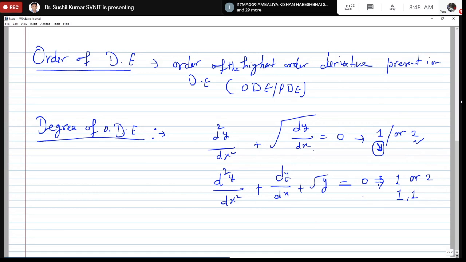Meghna, what is the answer for the second equation? Sir, 1 only, sir. Why is it 1 only? Sir, because the highest order derivative is d square y by dx square, and the power of it is 1. That is in the first equation also. In the first equation also, its power is 1. Then why are you saying the degree of the first equation is 2 and the degree of the second equation is 1? Why?